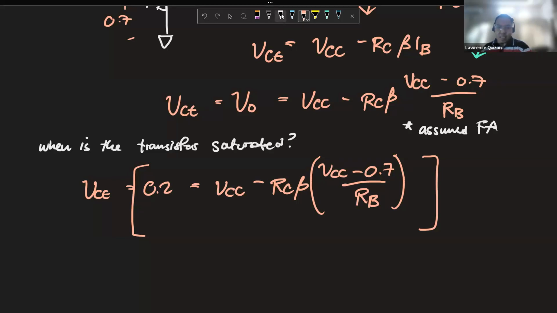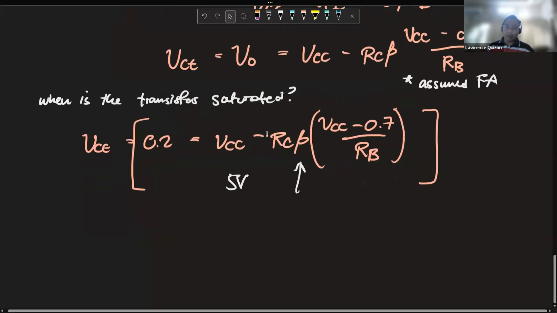For example, VCC tends to be 5 volts because we can't really control what comes out of the battery. Beta is not controllable because that's part of your transistor, and you're probably given only a 2N3904, which is typically around, I don't know, 150. So then your design choices are RC and RB.